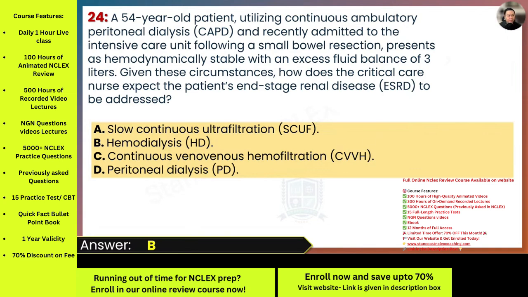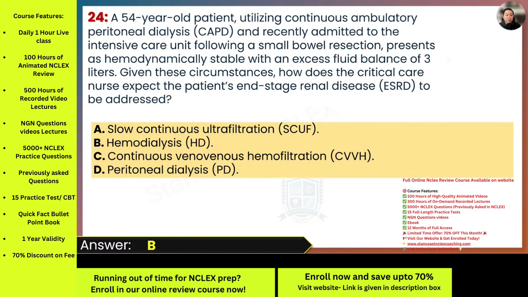So they're hemodynamically stable, but have an excess fluid balance of 3 liters or 3 kilograms. And so hemodialysis in this context is much more effective at removing the excess fluids and also waste products.